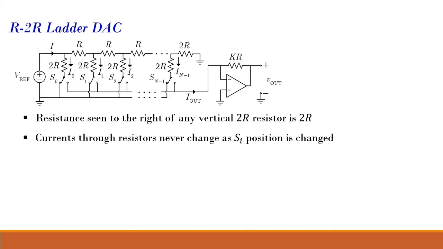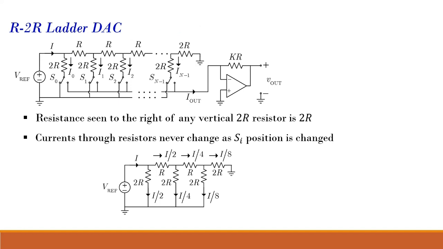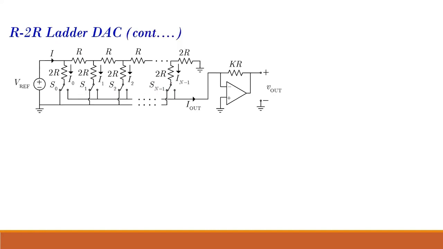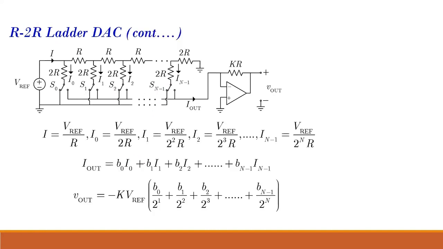A very common DAC is the R2R ladder. Based on the bit positions S0, S1, S2, etc., the output of it will change. The output is given by B0, B1, B2, up to Bn minus 1.